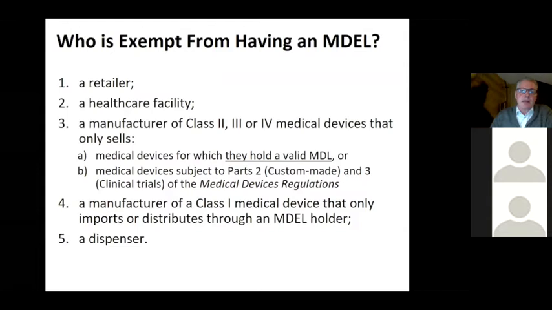They could also be a manufacturer of a Class 1 medical device that only imports or distributes through an MDEL holder, or they could be a dispenser, and a dispenser is often a care agency such as CCAC, who may provide patients with, say, for example, a wheelchair or a walker or some other assistive device.